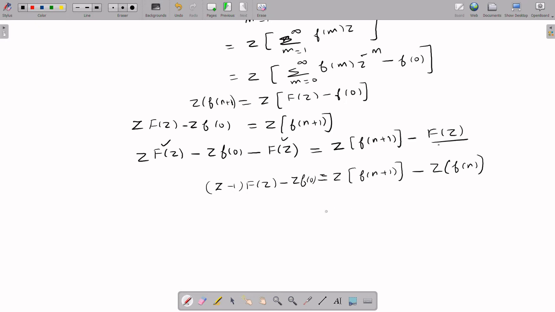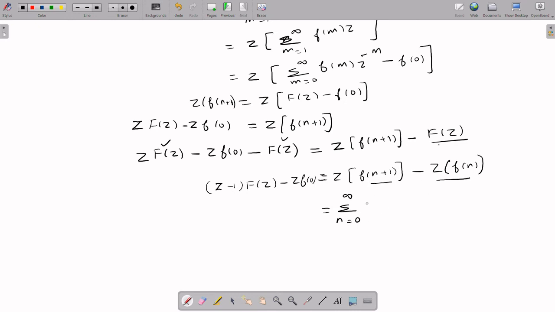Here we have to apply the definition for both the terms, summation n equals 0 to infinity. What is the transform of this function? It is the transform of this term and this term.